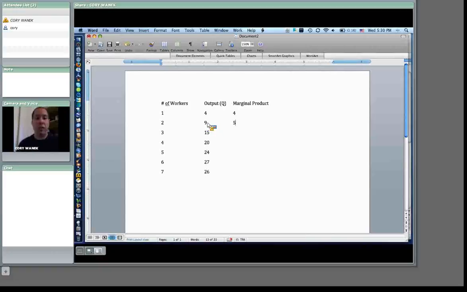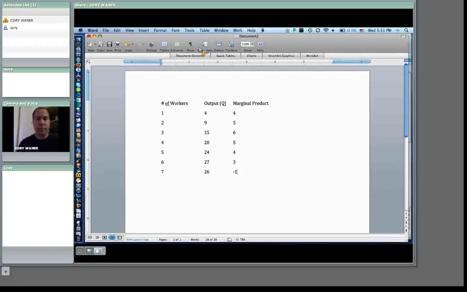The fourth worker added 5. Fifth worker only added 4. The sixth worker only added 3. And the last worker actually reduced output.